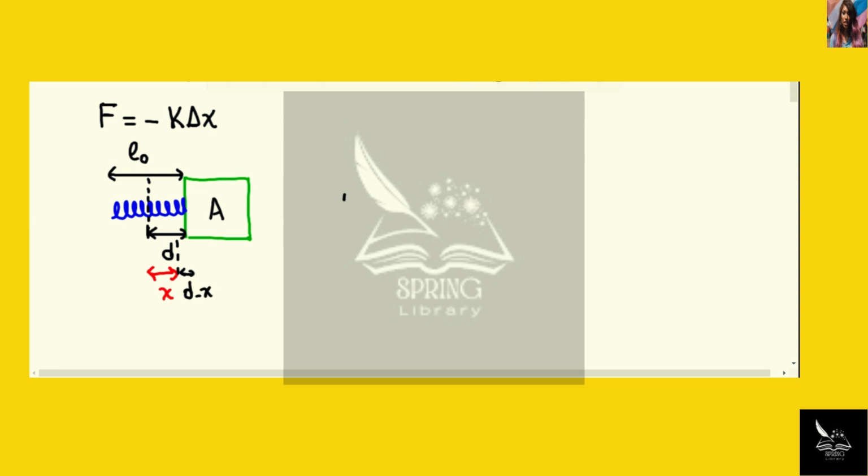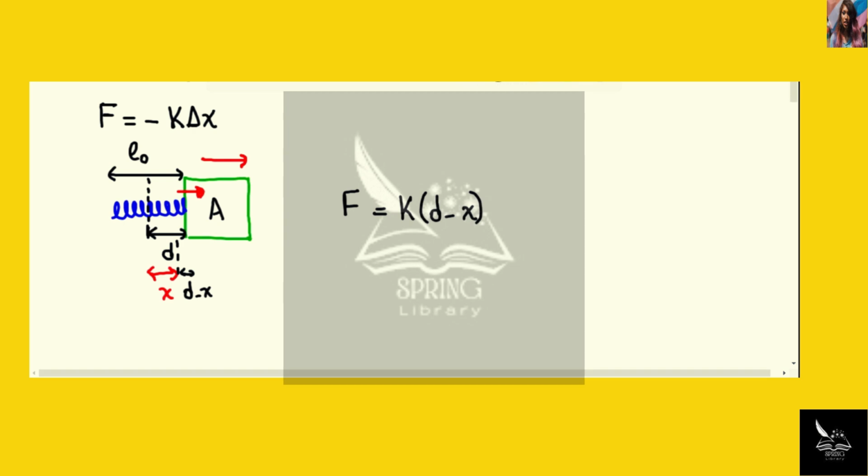Notice that the force that acts on block A, the magnitude of the force, is equal to K times D minus X, and the force points in the positive direction. I'm setting the positive direction to be to the right. So we have a force that is pushing the block to the right.